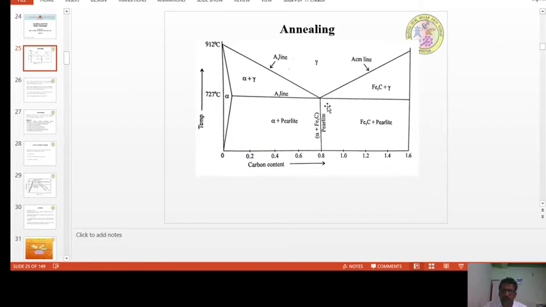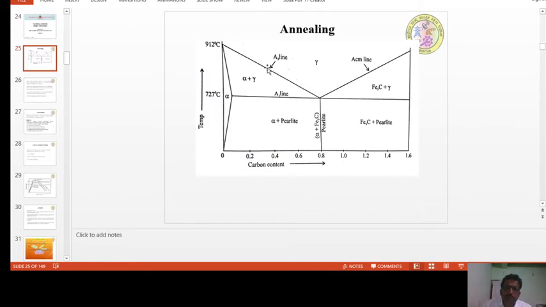In the eutectoid reaction, the austenite, in a solid state reaction, is dissolved into alpha ferrite and iron carbide. From 0 to 0.8 is called hypoeutectoid steels, and this is hypereutectoid steels.